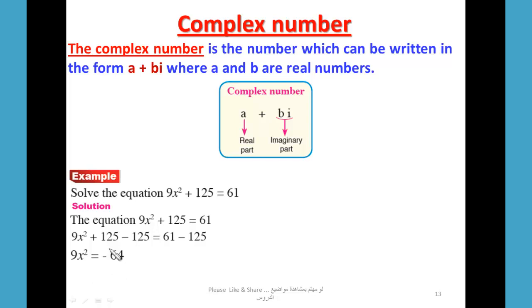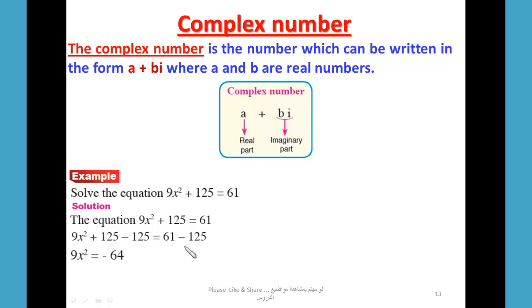How do we get it? 125 minus 125 equals 0, so the left hand side will be 9x squared only, and 61 minus 125 equals negative 64. You can use your calculator.